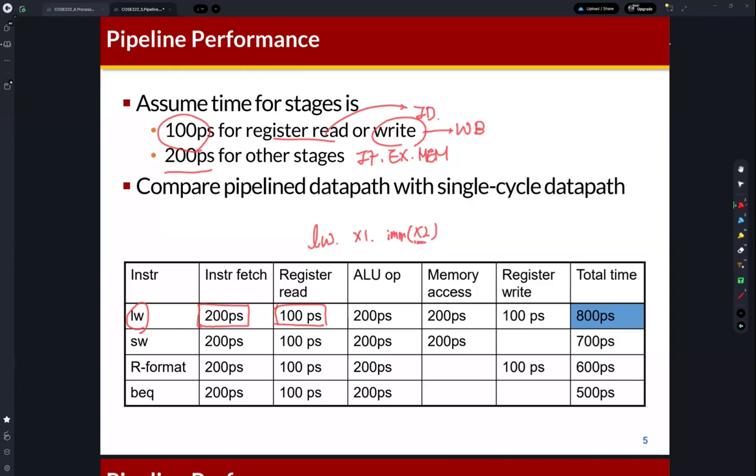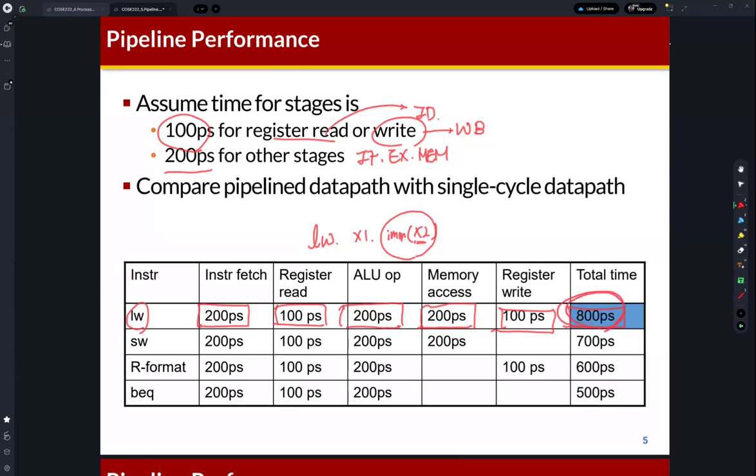We need to read the operand from the register file and use the ALU, which takes 200 picoseconds, and then memory needs to be accessed using this address, which takes 200 picoseconds. For register write, it takes 100 picoseconds. So the total time for executing a load instruction is 800 picoseconds, right?